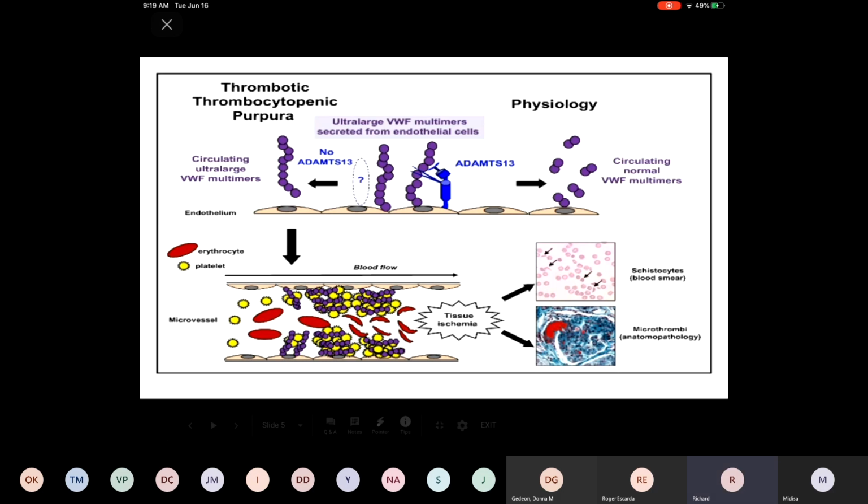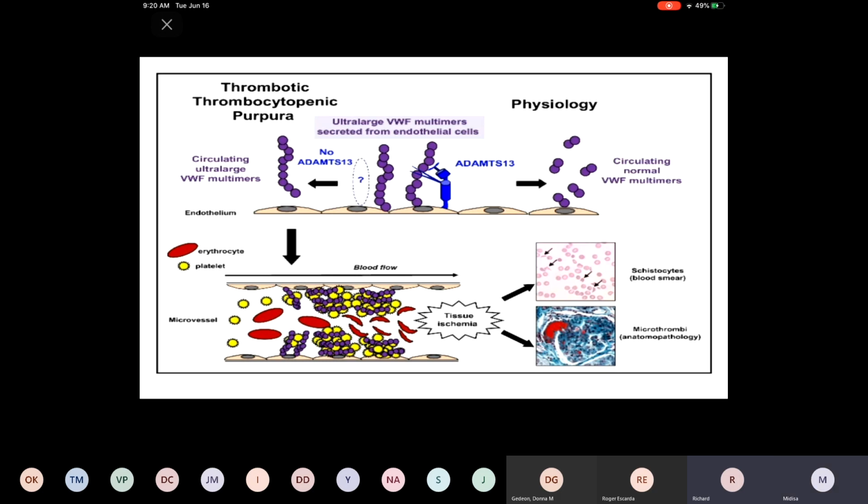Okay, so this basically just talks about the pathophysiology of how TTP is formed. Before I go into the main part, this is just a picture of how the TTP is formed. On the right, you see that when the ADAMTS13 is attached to the VWF, there's normal circulating VWF multimers.